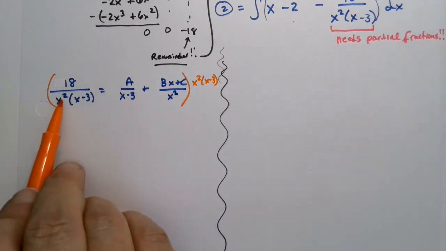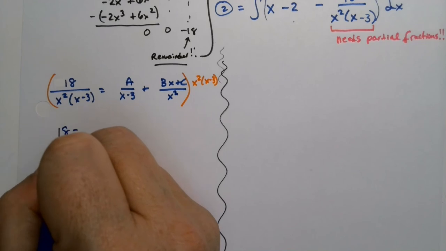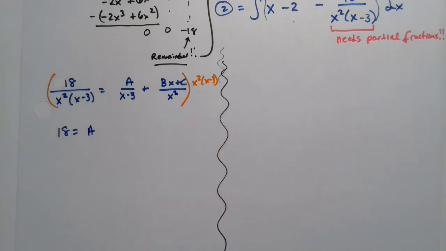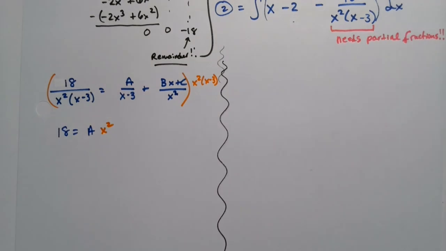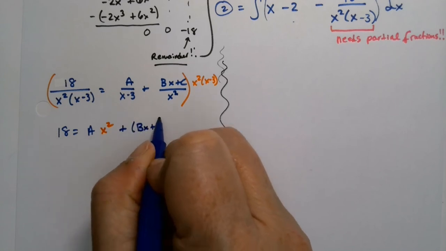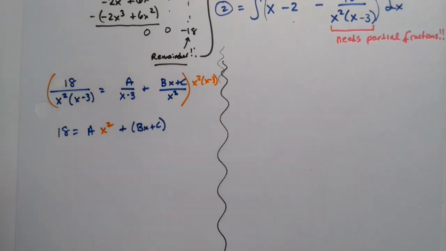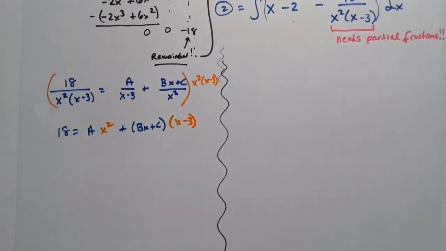Over here on the left, I'll have nothing left but 18, which was my goal. I'll have A times x squared, and then I'll have Bx plus C times x minus 3.